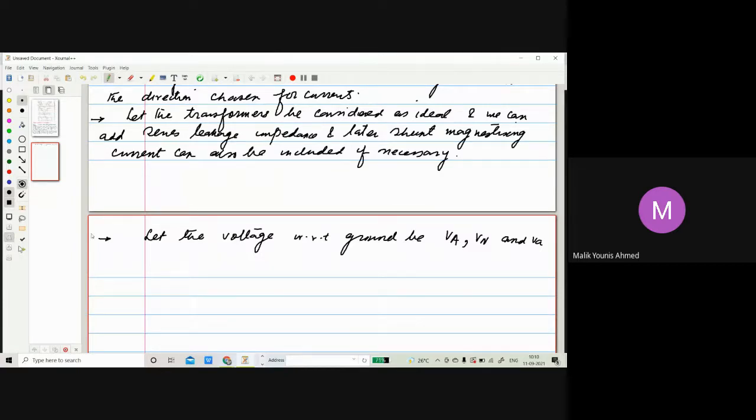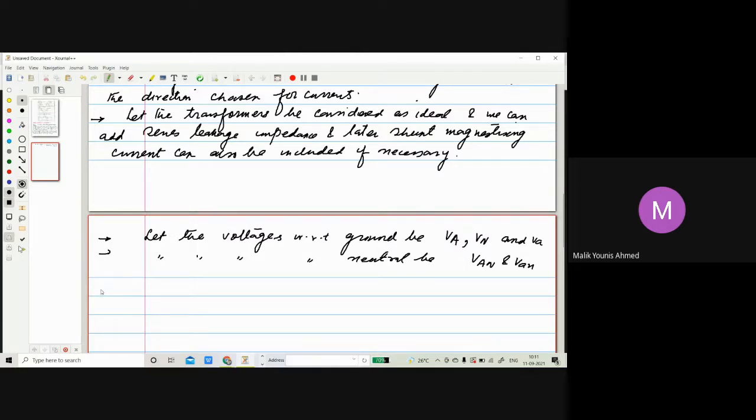Let the voltages with respect to neutral be, on the high voltage side, VAN, and on the low voltage side, small van.